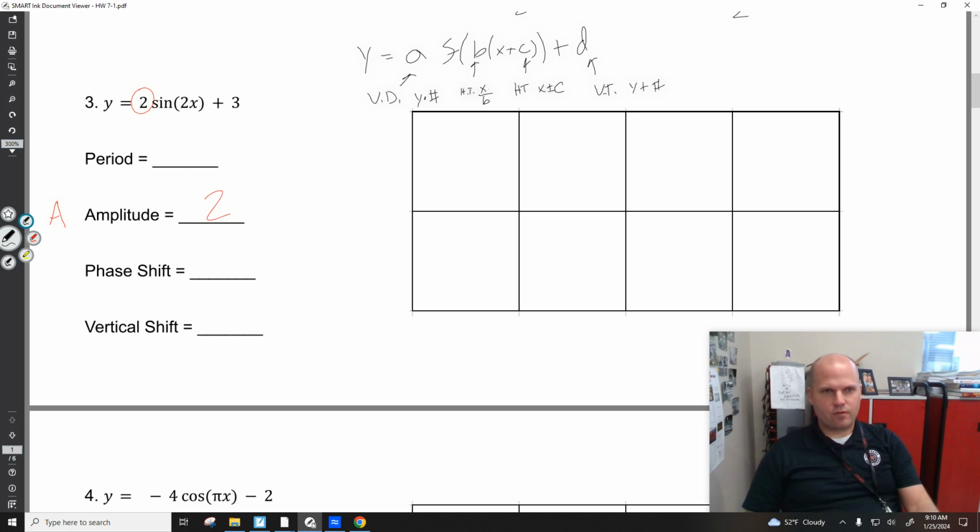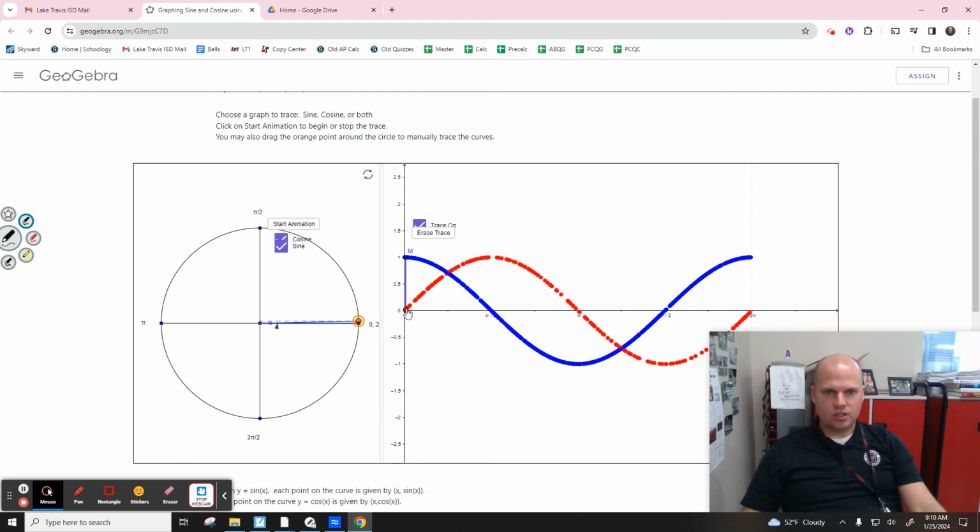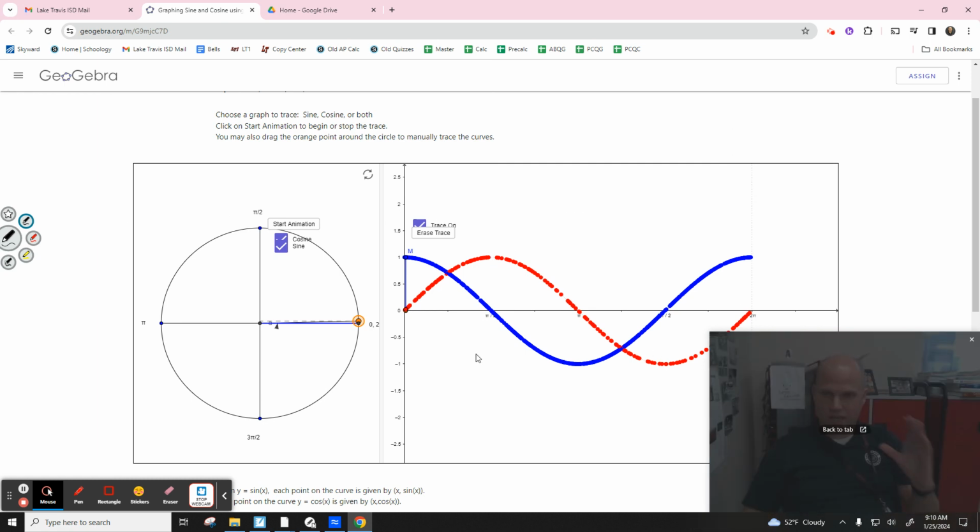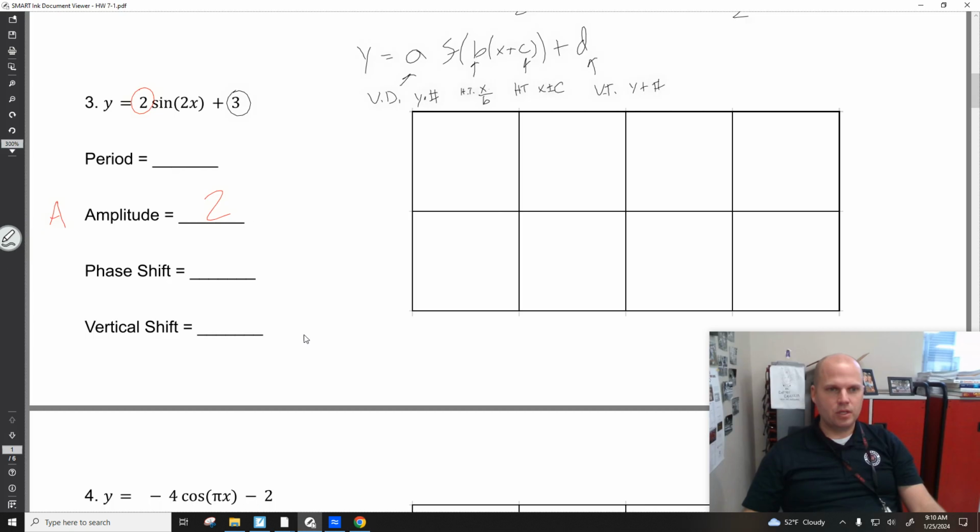What else do we have? We have this d value. This d value takes all of your y values and adds to them. It's not multiplying. Now multiplying takes 0 and keeps it 0. Takes 1 multiplied by 2 makes it 2. But if I take all of these y values and add a value, it's going to shift things up. That's going to adjust the midline.